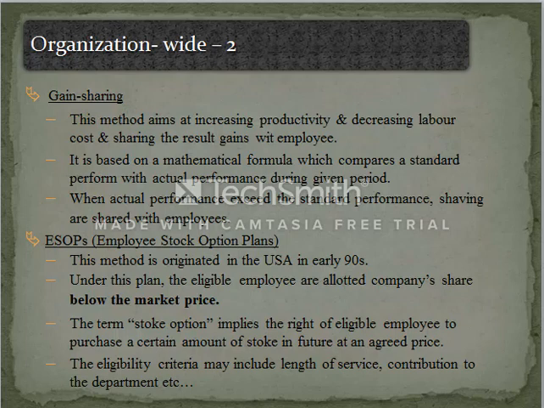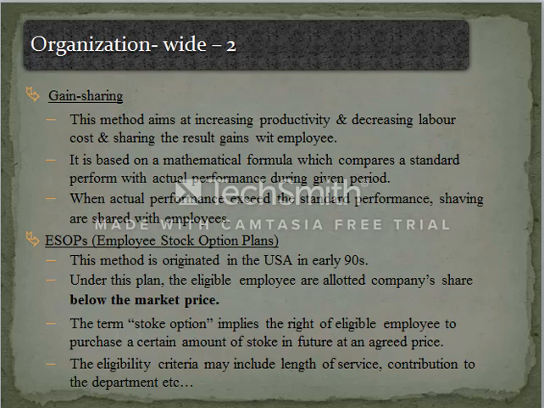Here some stipulations are enforced with ESOPs: the organization allots certain shares at an existing price to the employees, but he cannot redeem them. He can redeem after 3 to 5 years, so that the organization can retain him for a longer period.